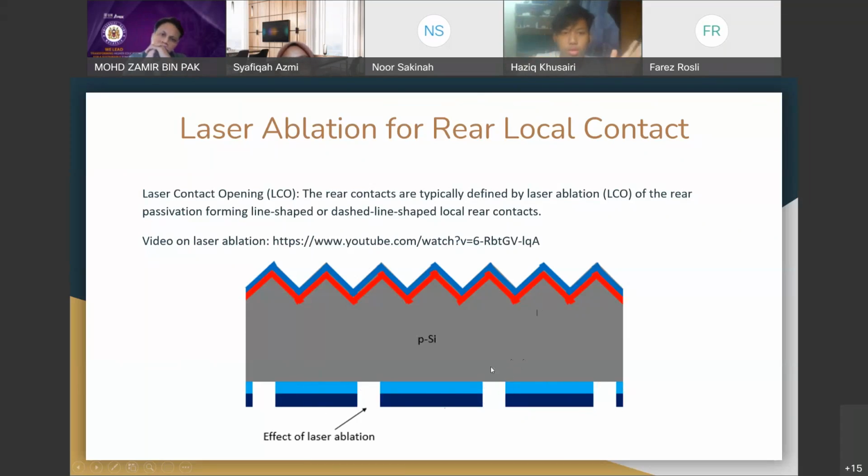So we use laser ablation because it is the most cost efficient way of making this whole line for forming contact with aluminium. Alright, next slide.